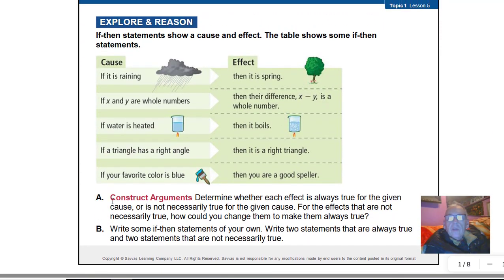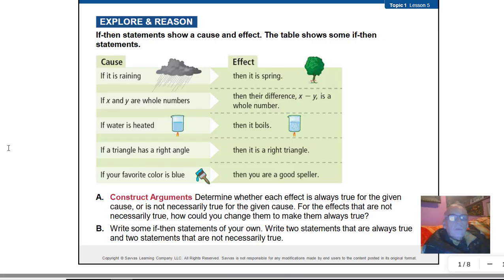So let's look at this example here, or the explore reason rather. If-then statements show a cause and effect. The table shows some if-then statements. Determine whether each statement is always true or not necessarily true. So if it is raining, then it is spring. Okay, assuming that it's raining, it may or may not be spring.